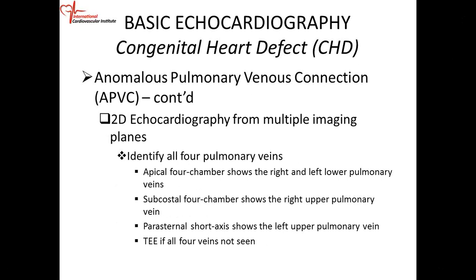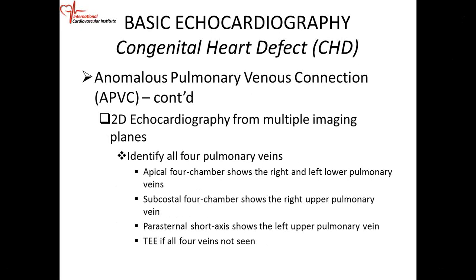So how do you identify this on your echo? The echo is one of the tools that's going to lead to early diagnosis. So when you're doing your echo, you have to try to identify all four pulmonary veins.